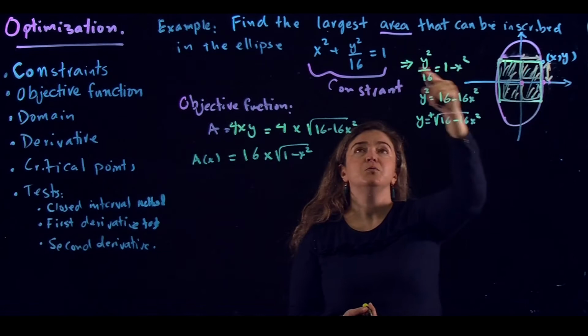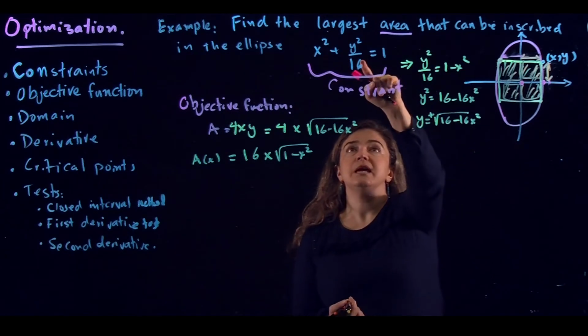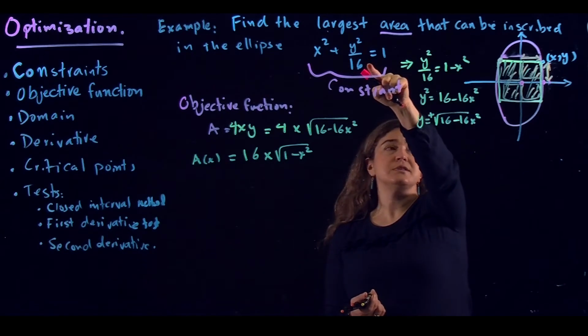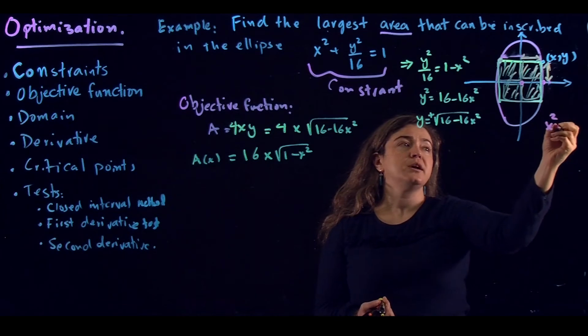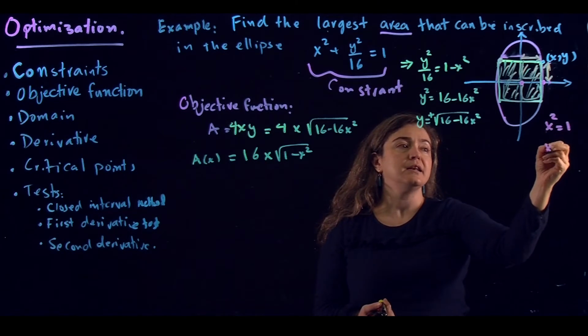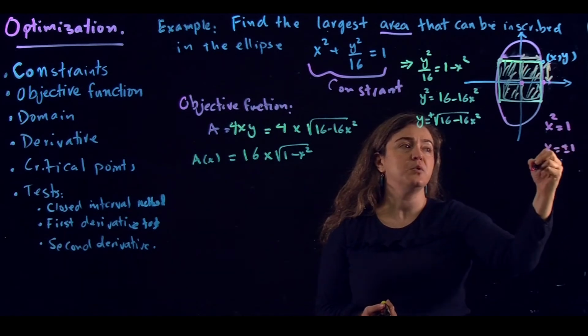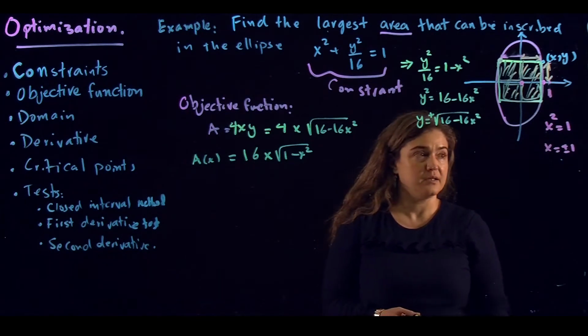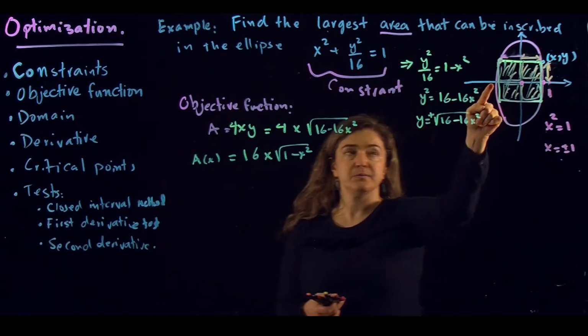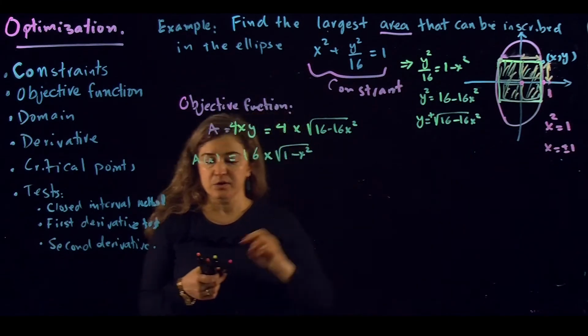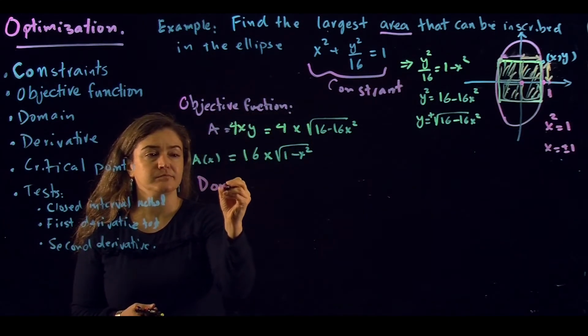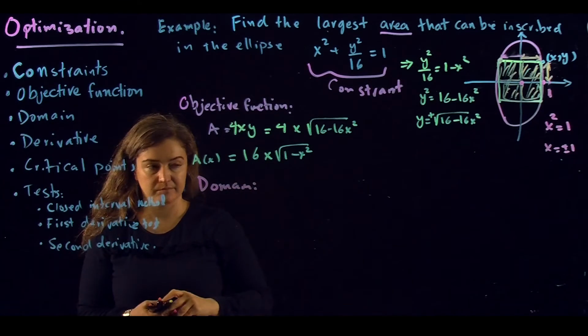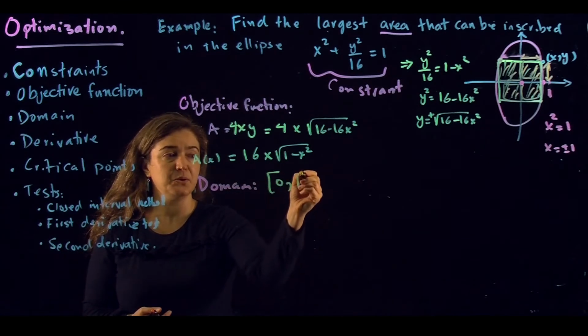So it's where y is equal to 0. And here, if I set y equal to 0, I get x squared equal to 1. x would be plus minus 1, and that one is the 1, not minus 1. This one is the minus 1. And so the domain is 0 to 1.